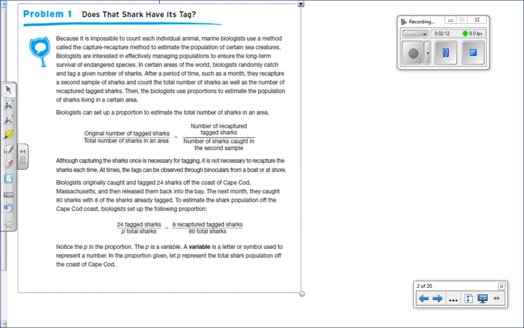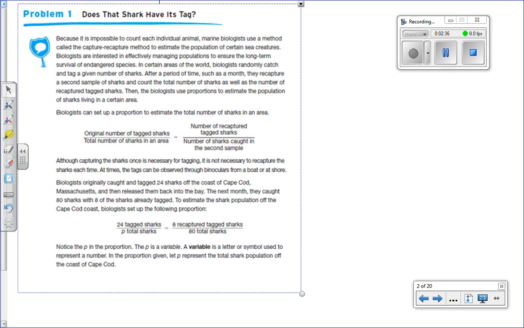In certain areas of the world, biologists randomly catch and tag a given number of sharks. After a good period of time, such as a month, they recapture a second sample of sharks and count the total number of sharks as well as the number of recaptured tagged sharks. Then the biologists use proportions to estimate the population of sharks living in a certain area.